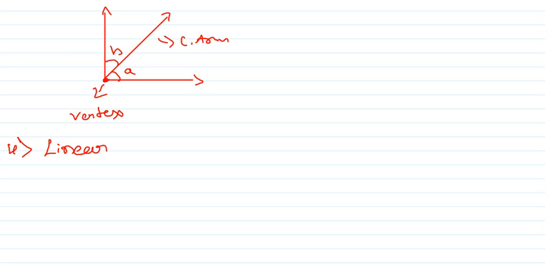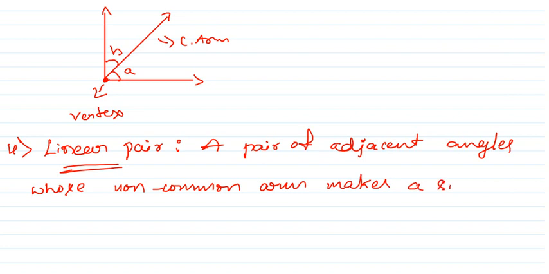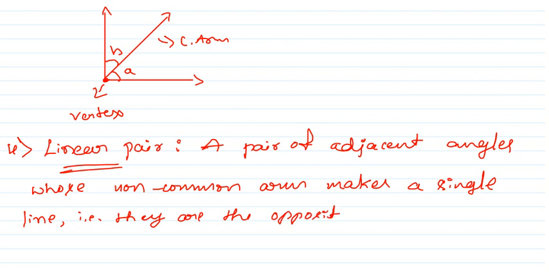A linear pair is a pair of adjacent angles whose non-common arms make a single line, that is, they are the opposite rays.